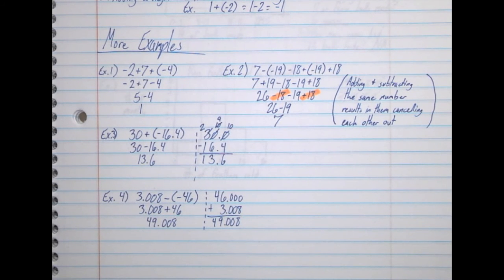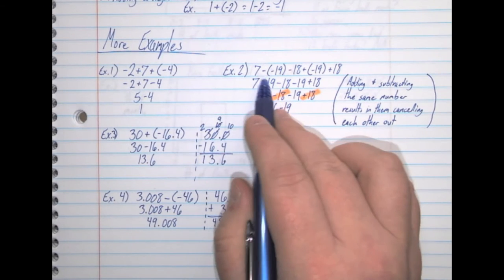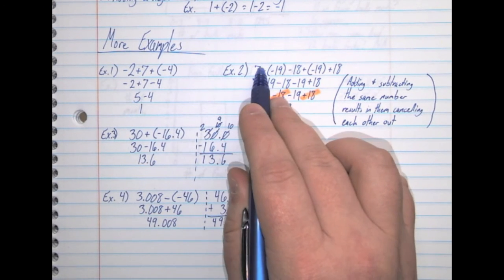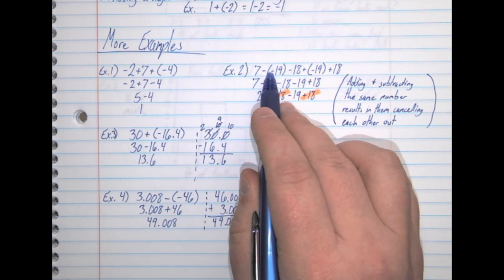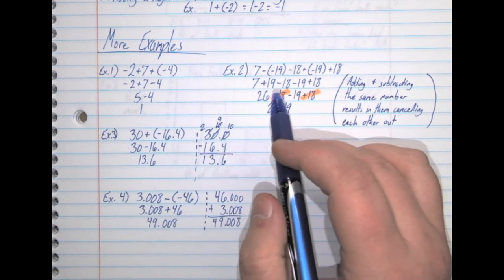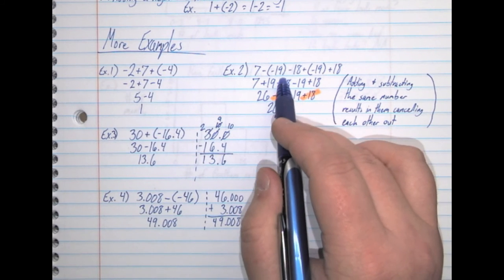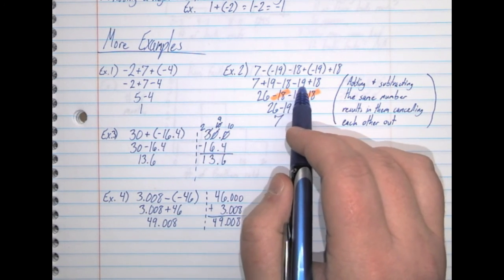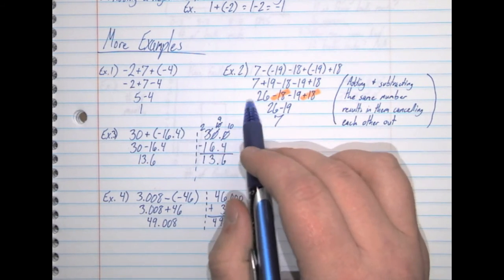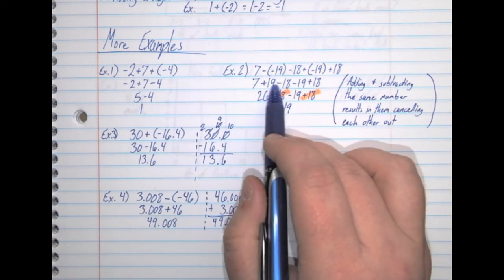So we have 7 plus 19 minus 18 minus 19 plus 18 after we complete our sign changes. Subtracting a negative is addition. Subtraction stays the same. Adding a negative is subtraction. Addition stays the same.